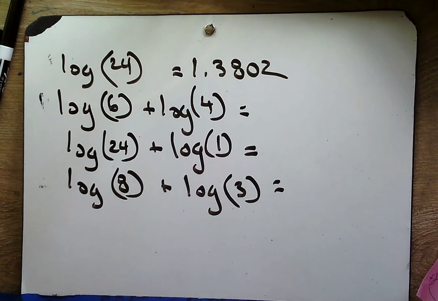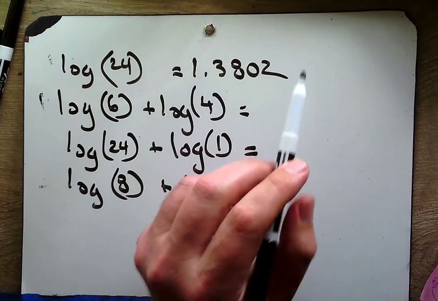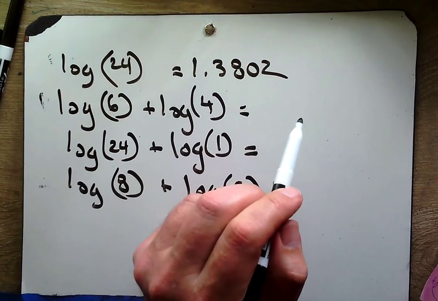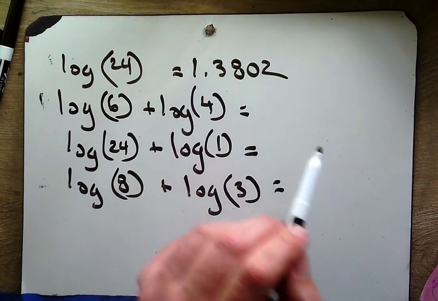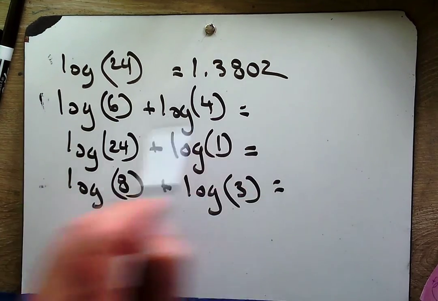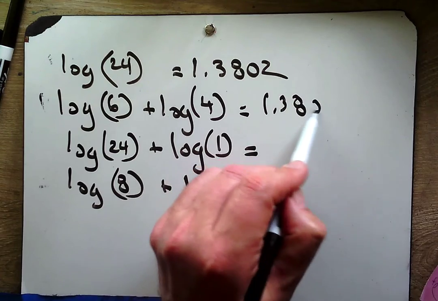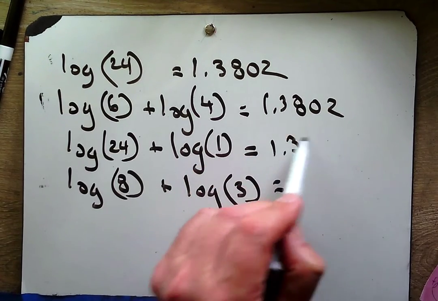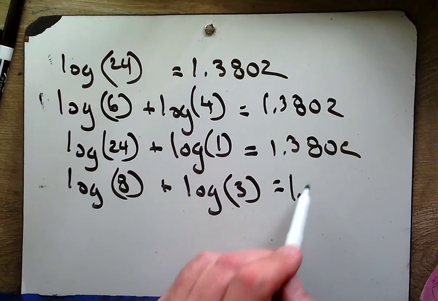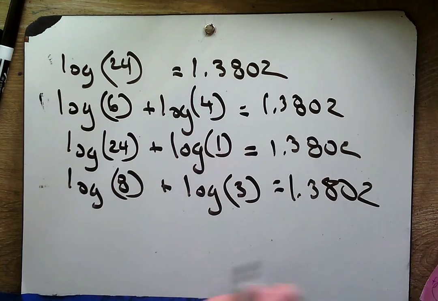So how did that go? Did you notice something interesting here? When I add these in each case, I get 1.3802. Huh.